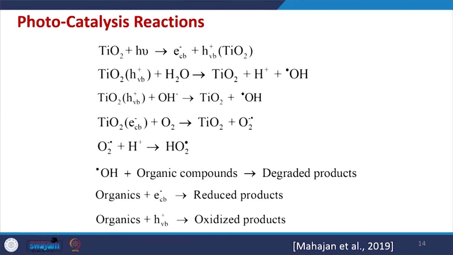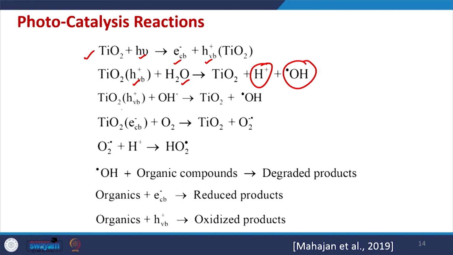These are some of the photocatalysis reactions given here. Titanium oxide interacts with the desired photon, and then an electron and hole pair is generated. Now, this hole interacts with the water present in the wastewater sample, and then H plus and a hydroxyl radical are generated.